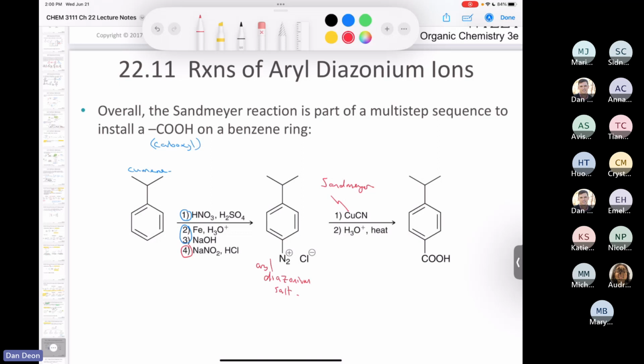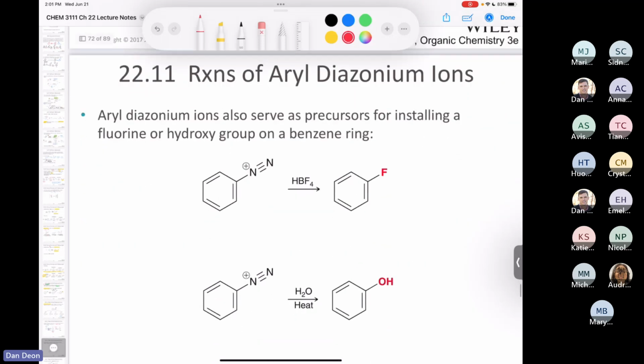Remember, copper(I) is the same thing as cuprous, so you could call it cuprous cyanide as well. And then we can hydrolyze that nitrile, from benzonitrile, to give us this carboxylic acid. What would you call this? Para-isopropyl benzoic acid. All right, so a new way to install a carboxylic acid.